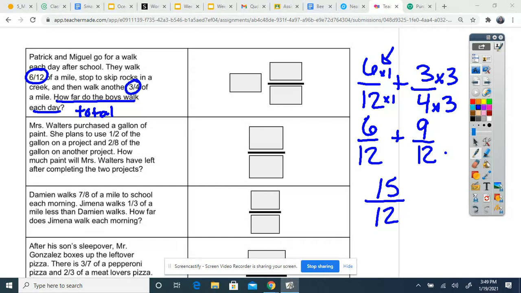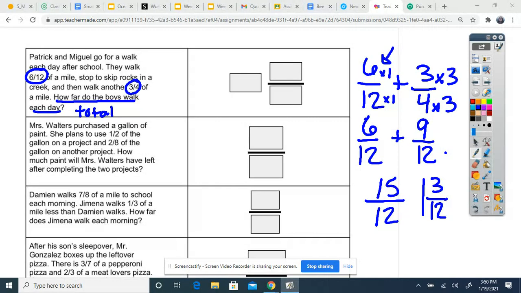We need to ask ourselves, how many times will 12 go into 15? 12 will go into 15 once, so that becomes my whole number. How many is left over after 12 goes into 15? 12, 13, 14, 15. So 3 is left over out of 12. So this is also a fraction, 3/12, that can be simplified.